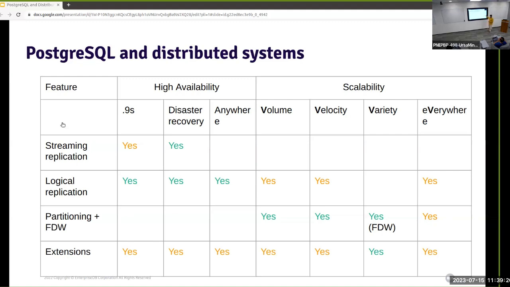They take care of the scalability aspect. And there is this glue of extension, which basically brings these 2 worlds together and gives you a distributed system, which is both highly available as well as scalable.